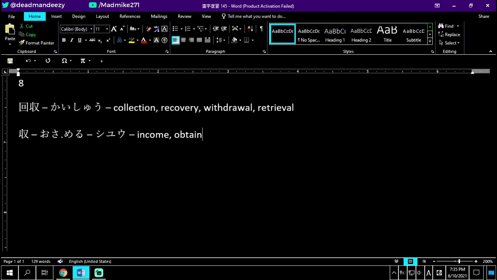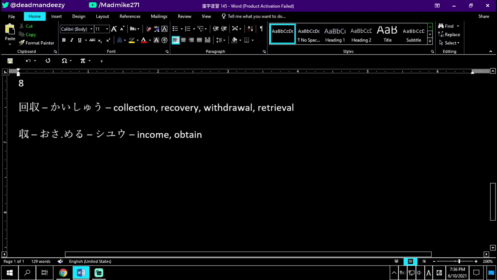Radicals in this kanji. We don't have a radical for this left one, but this right one is furthermore. I'm going to put it as like a poor person on the side of the road holding a cup to get money, income, or to obtain something from people, furthermore over again many times over.